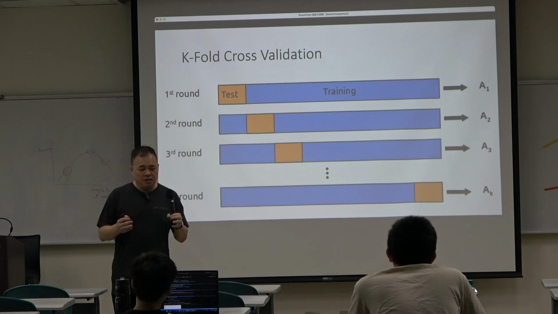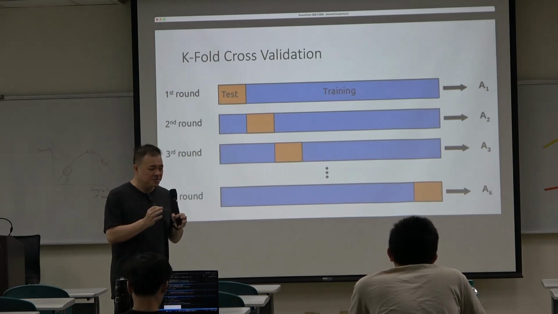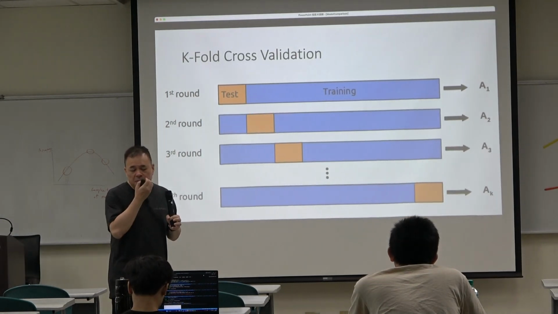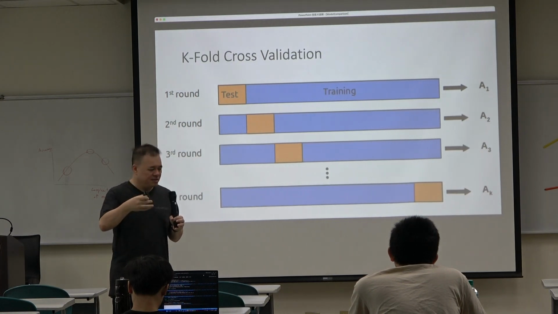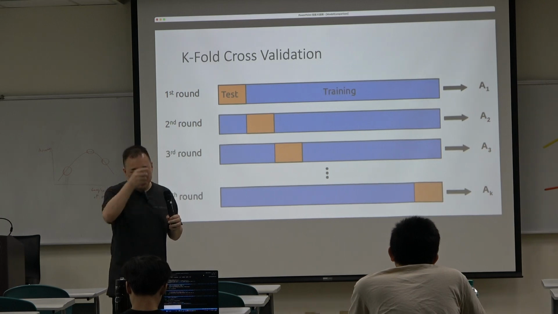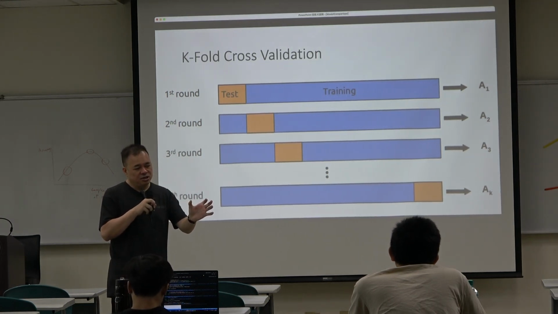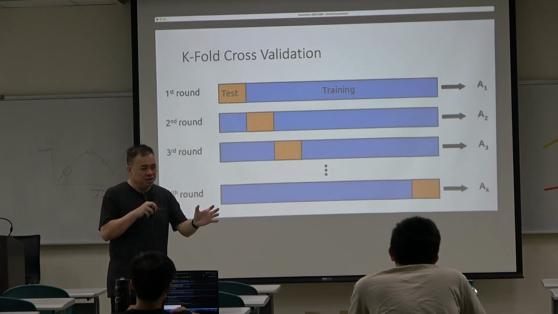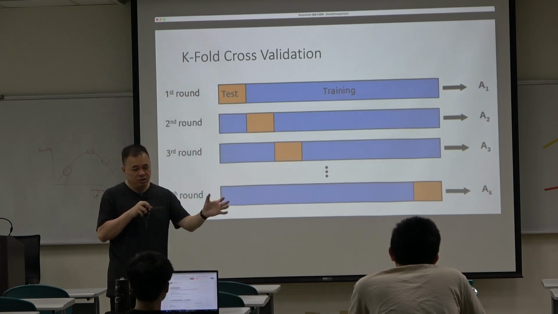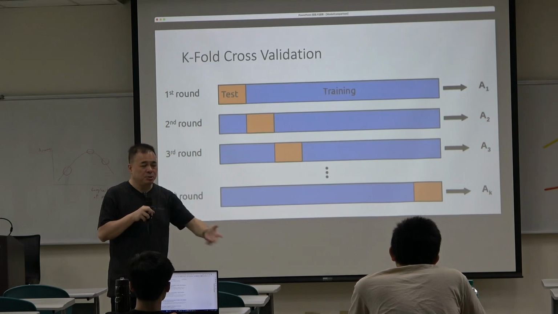Each portion is roughly the same size, with similar properties. For example, if you have different categories, different classes, you want each class to have about the same distribution in each portion.